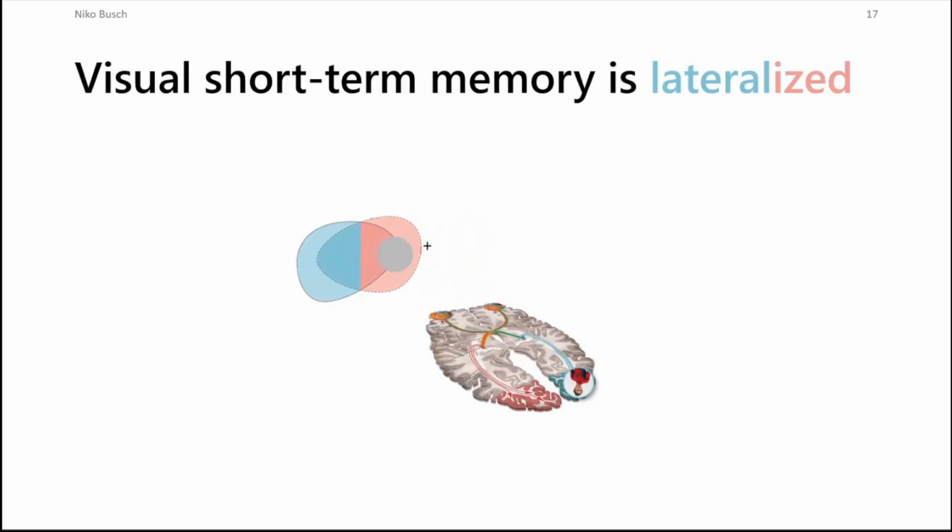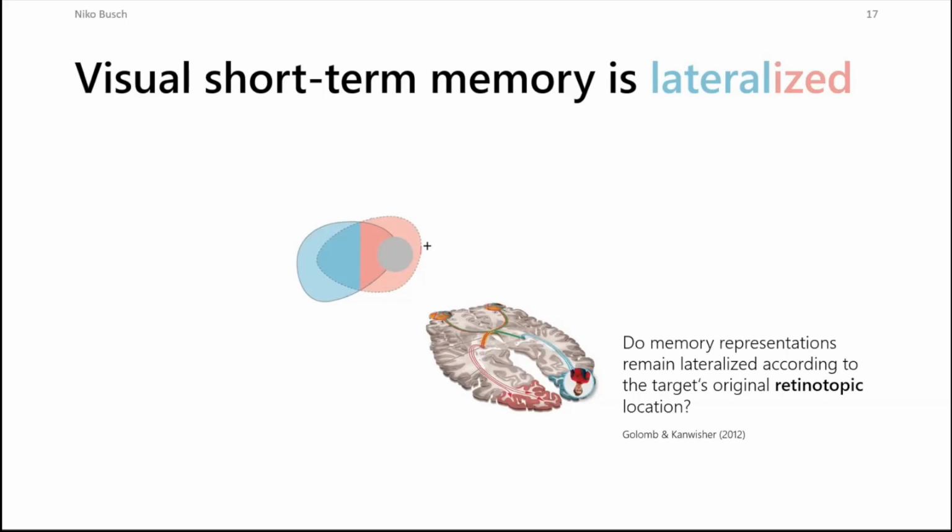Now that location where Spider-Man had previously appeared is now in the opposite hemisphere. The question is, what happens to your memory representation? Does it also switch over to the other hemisphere, or does it stay where it was?